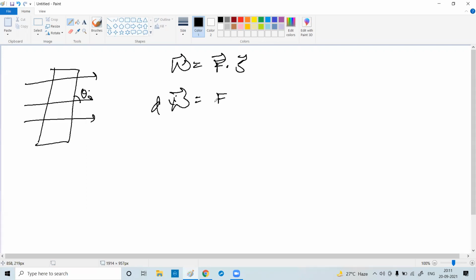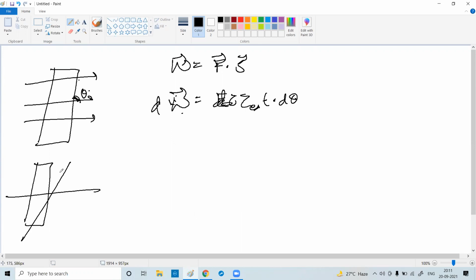Tau external into d theta. Why? Because here we are talking not about distance, rather the rotation. So let's say the dipole is rotated a little, that is d theta, then dW will be tau external into d theta.